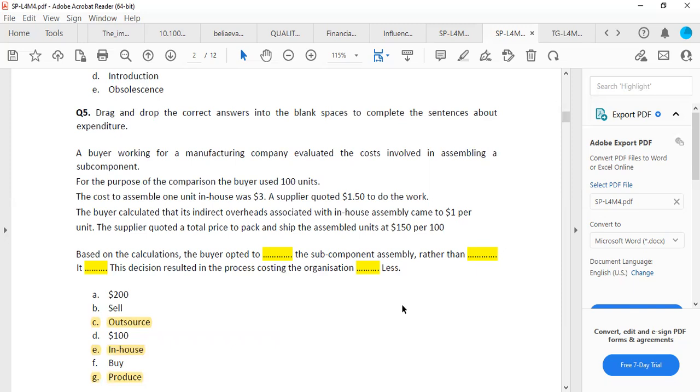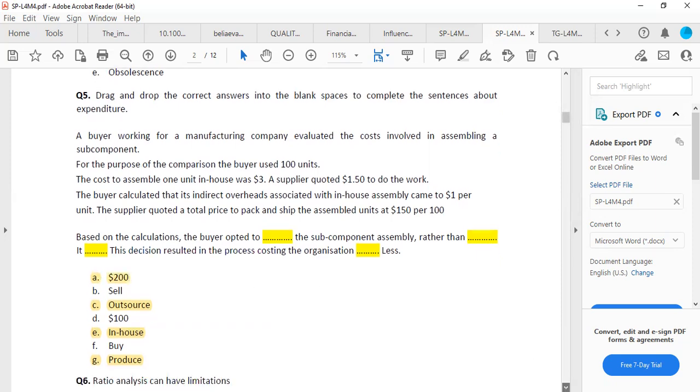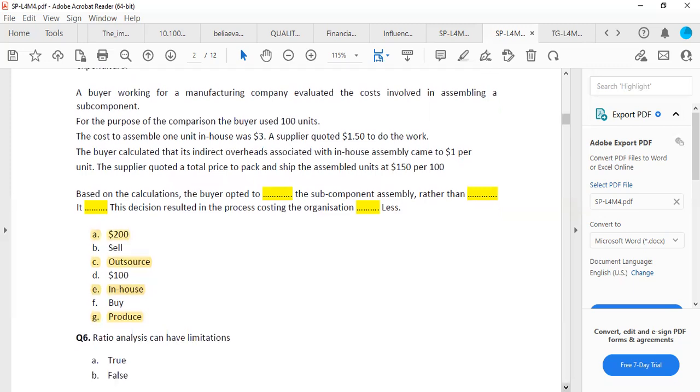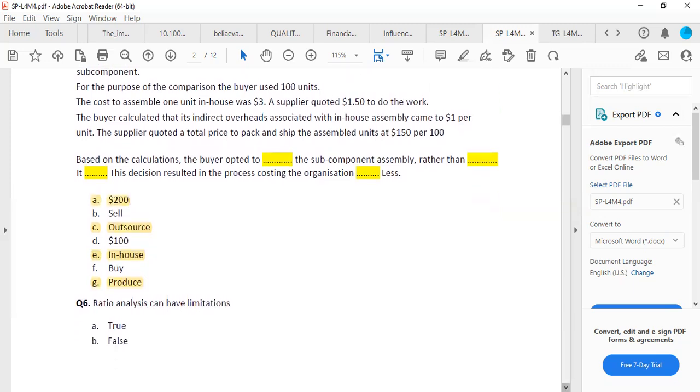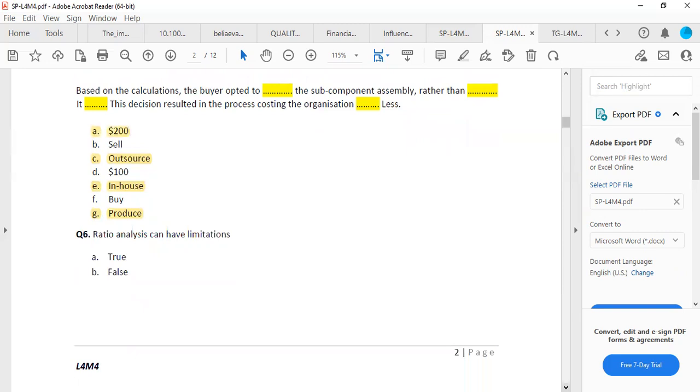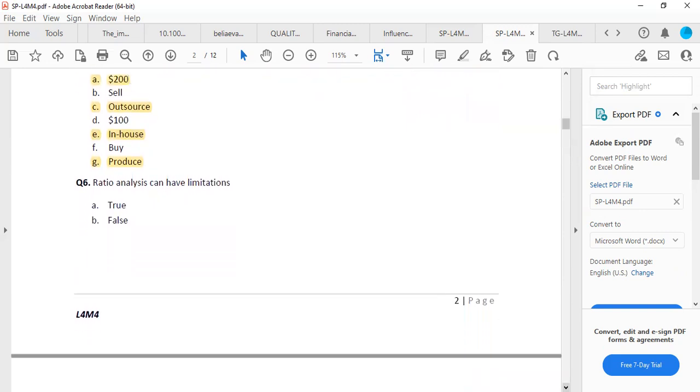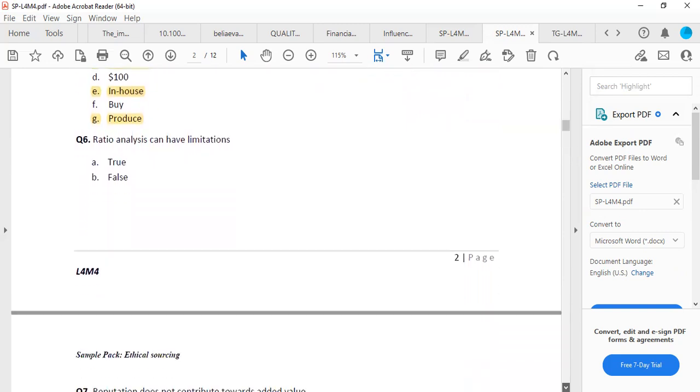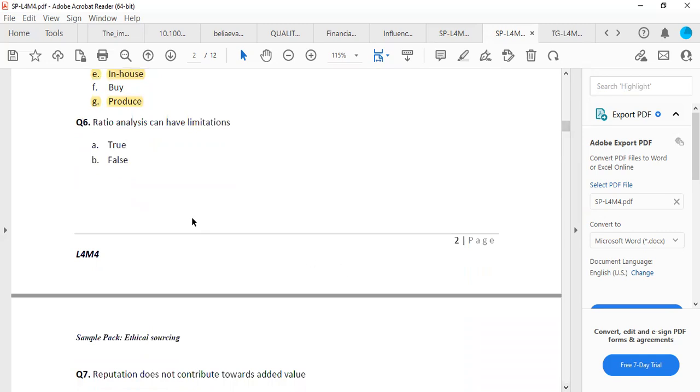Okay. This decision resulted in the process costing the organization how much less? That's 200 less. Yes. Yeah, 200 less. Okay. All right.